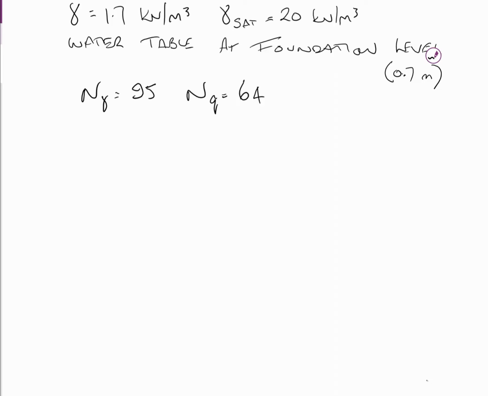So we're going to calculate first the gross ultimate bearing capacity, which is just QU, it's actually QF, but don't worry too much about it, equals a half gamma prime B N gamma plus gamma D N Q. Remember I said do them in the order of strip, square and circular footings, go 0.5, 0.4, 0.3.